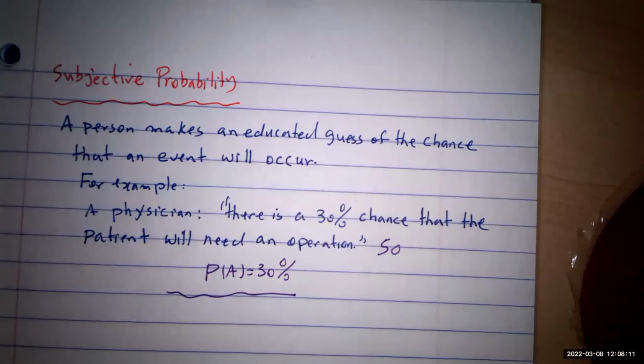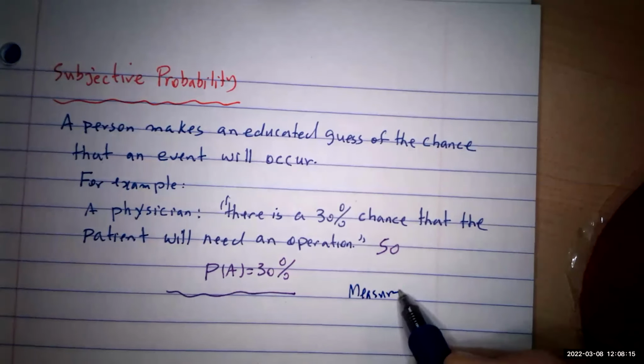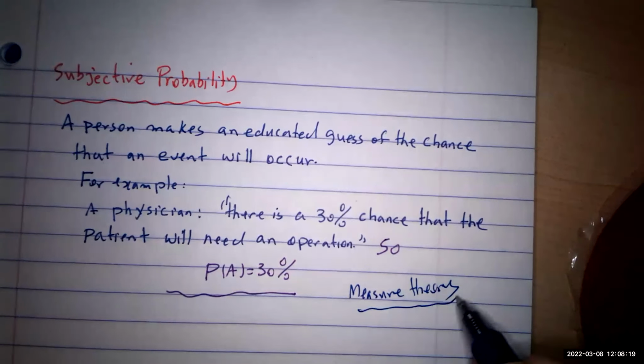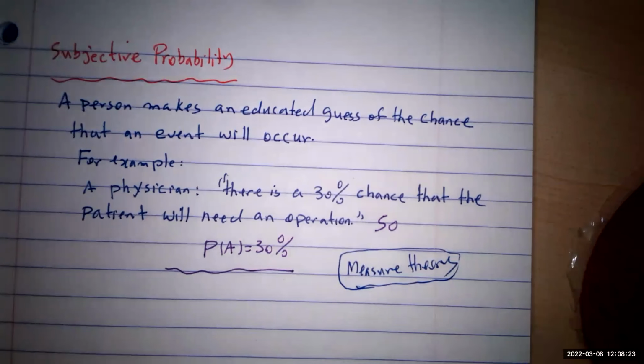The measure theory is one of the interesting branches of mathematics. If you want to do any advanced research in mathematics or physics, you have to take this course first, which is difficult, but it's a nice one. I've taught this one several times.